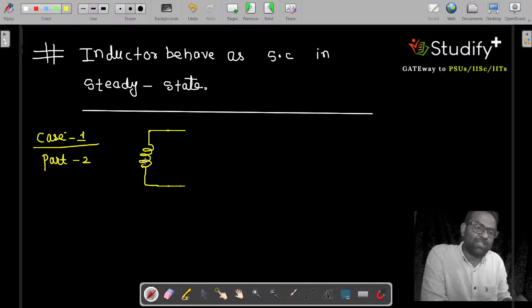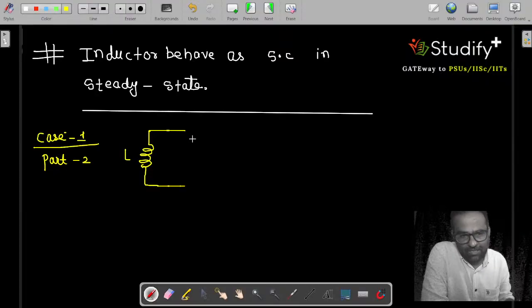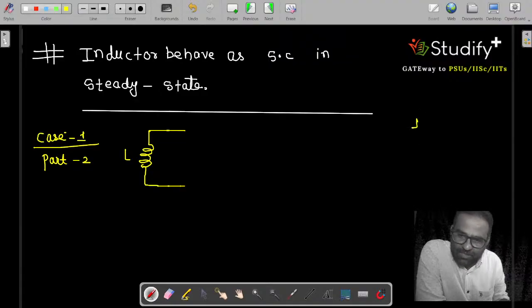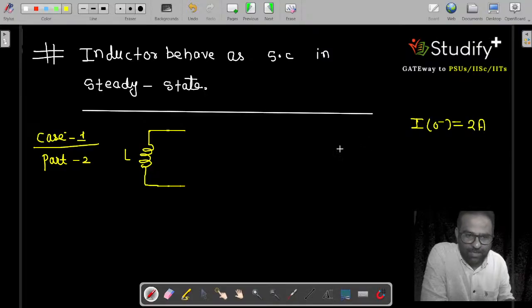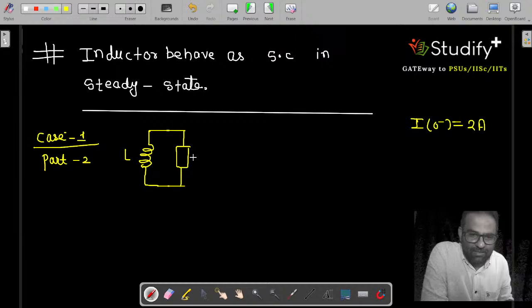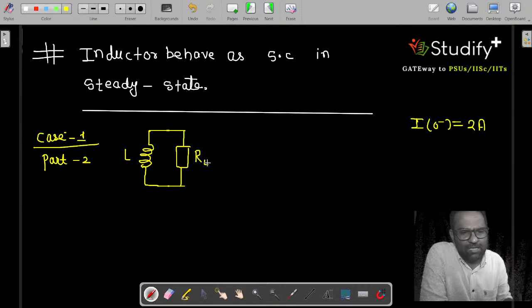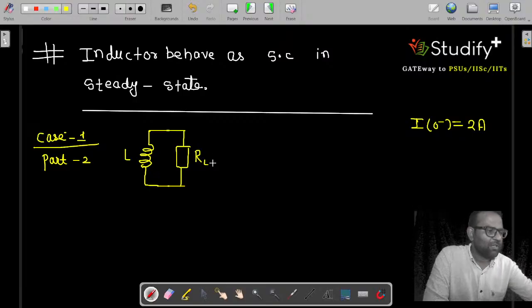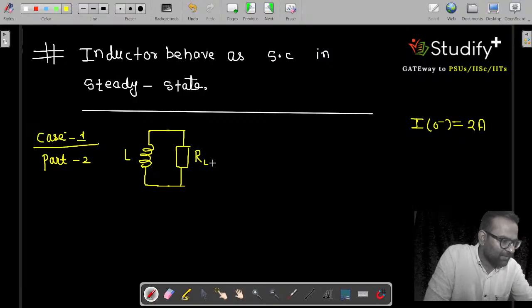This is a charged inductor, and it has some initial value given. Let's say the inductor is charged by 2 ampere. And here we have one load, correct? This is one load, I am calling it RL or any type of load. So how will our inductor behave with this?